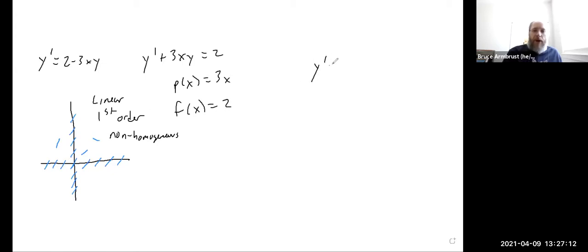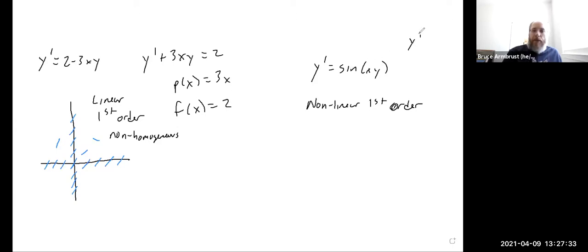The other one, y prime equals sine of xy, is non-linear, still first order. And you're exactly right. The reason that it's non-linear is because the y is in the sine.